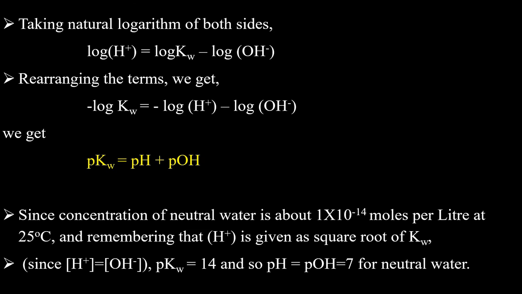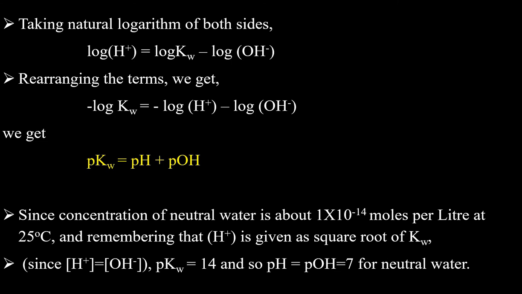Rearranging the terms, we get minus log Kw is equal to minus log H plus minus log OH minus. Therefore, pKw is equal to pH plus pOH, meaning the power of the ionic product of water is equal to the power of H plus plus the power of OH minus.